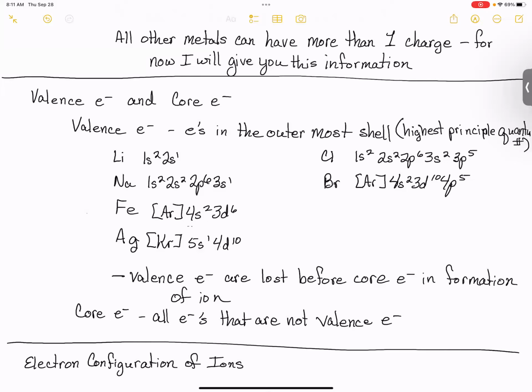Again, your valence electrons are the electrons in the outermost shell, or the highest principal quantum number. All other electrons are the core electrons.